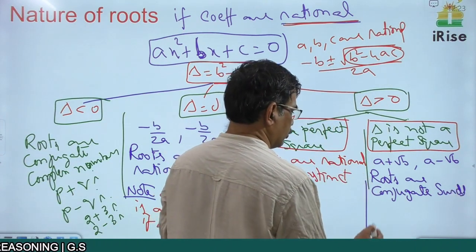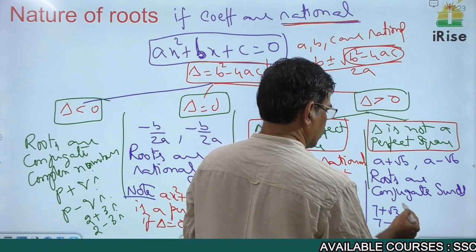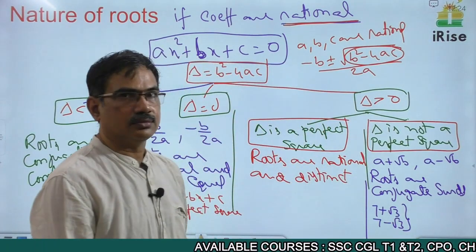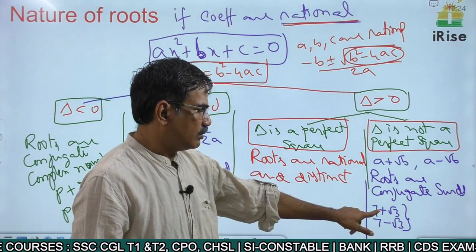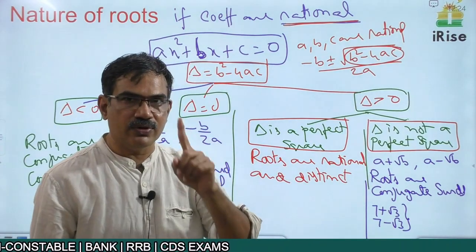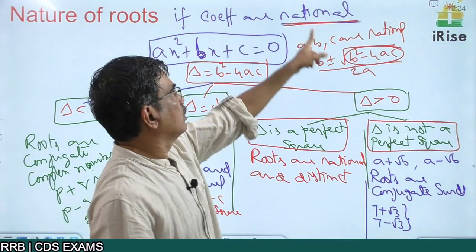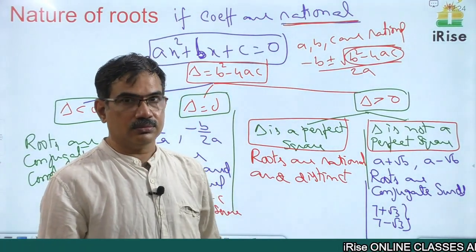For example, if one root is 7 plus root 3, the second root is 7 minus root 3. Actually, if one root is 7 plus root 3, the second root is 7 minus root 3 if and only if coefficients are rational given.